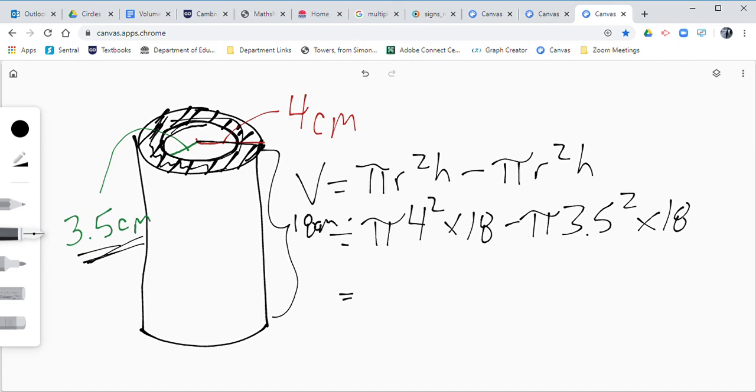So the next thing I do is take my calculator out. I'll do it in 2 parts just to break it down. You don't have to necessarily break it down into 2 parts.